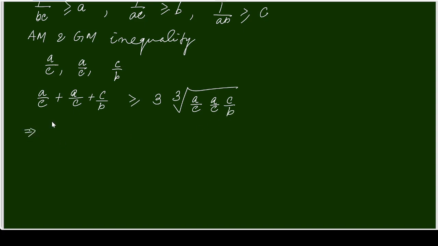This gives me twice a over c plus c over b is greater than or equal to 3 times the cube root of, c cancels, a squared by b.